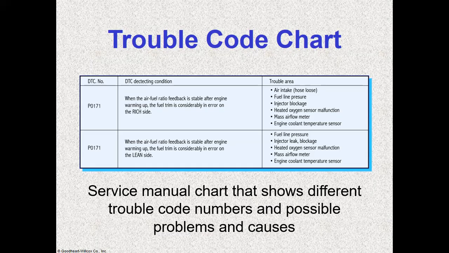And sometimes when we scan a vehicle and retrieve a code, the scan tool itself will tell you the definition and the possible trouble area. But if the scan tool doesn't have those capabilities, we can just punch it into Google. And we get a list of possibilities. So don't be afraid to use the search engines. We can use them to our advantage.